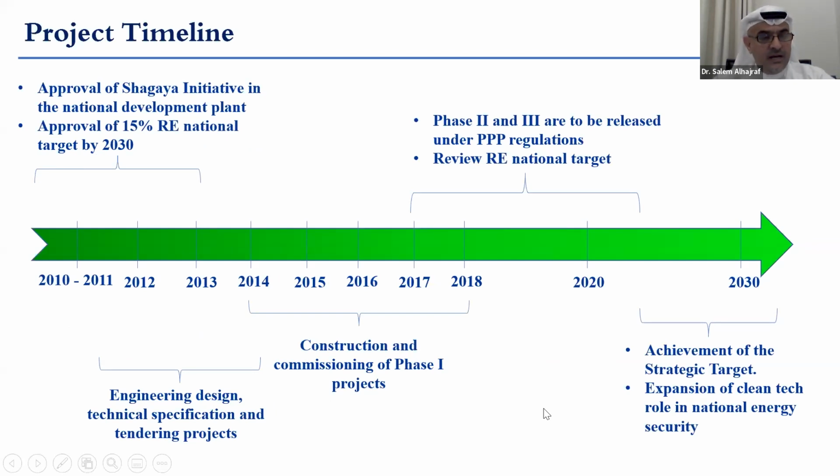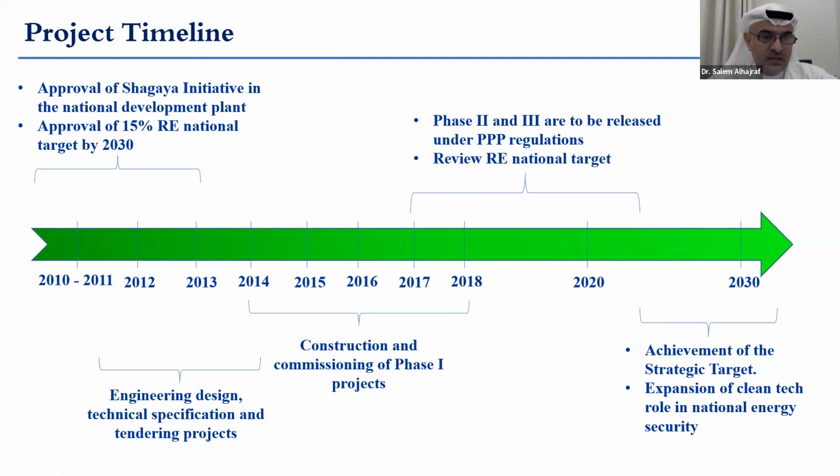in 2009-2010, the government of Kuwait approved the Shagaya initiative as a national development plan, and they approved the national target of 15% renewable energy by 2030.